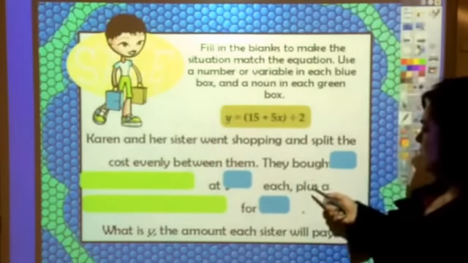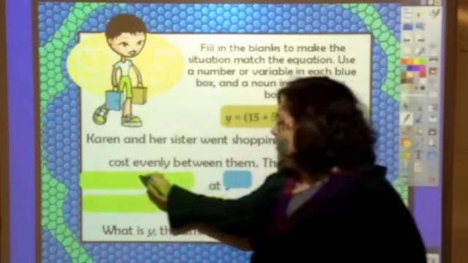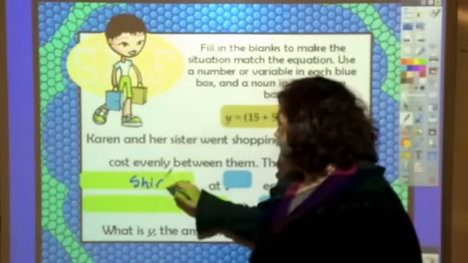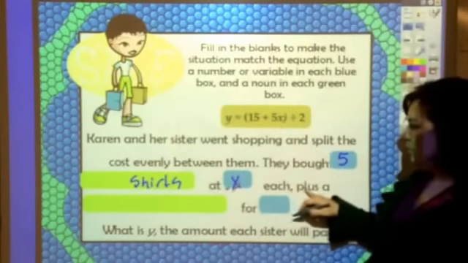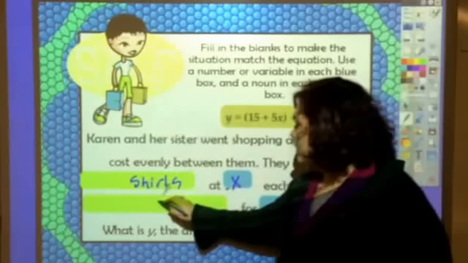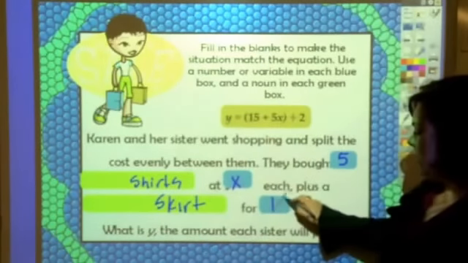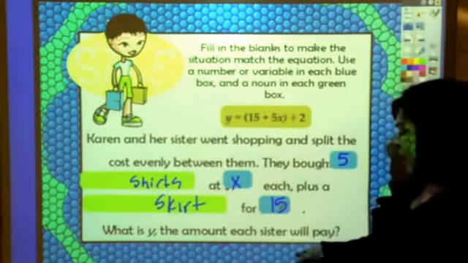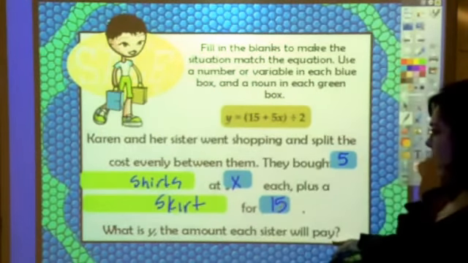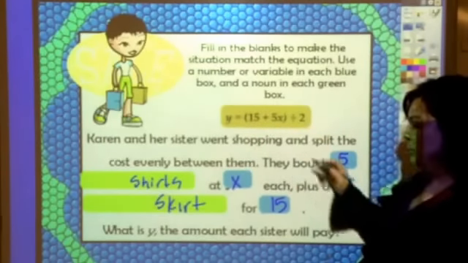They bought, let's see, 5, let's say, shirts at X dollars each, plus a skirt for the $15. There's only one skirt. And so Y is the amount that each one would pay. And that amount is everything that they bought divided by 2.